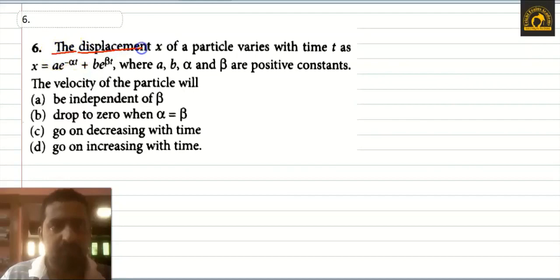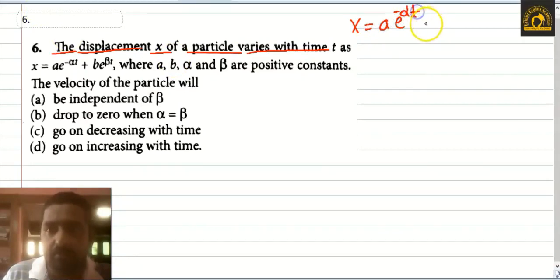The displacement x of the particle varies with time as x is equal to a e to the power of minus alpha t plus b e to the power of beta t, where a, b, alpha and beta are positive constants.